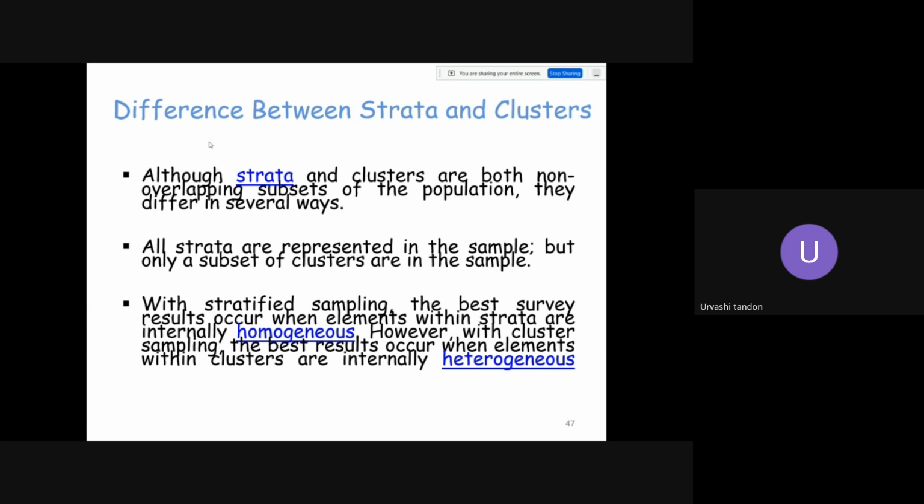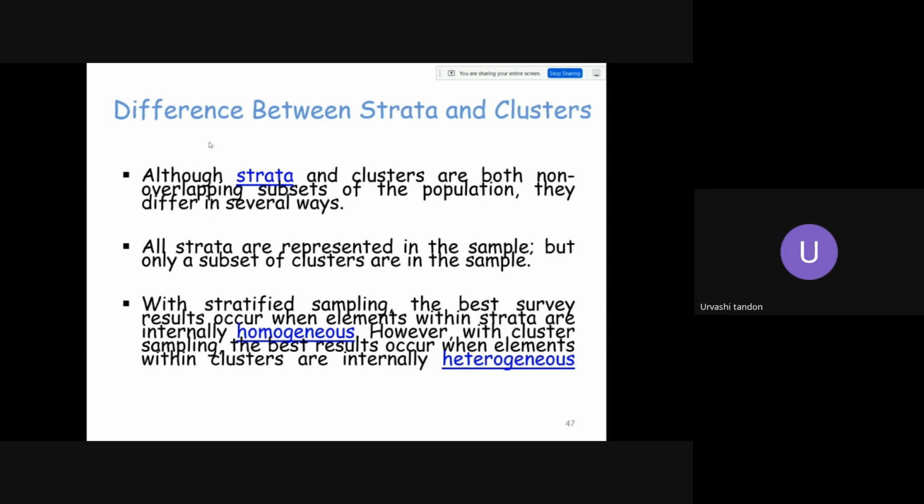Difference between the strata and clusters, I have already explained, but still I would like to read it for you. The strata and clusters are both non-overlapping subsets of the population, but they are different in various ways. Let's say all the strata are representing the sample, but only a subset of clusters are in the sample, right? So the important simple difference is that with stratified sampling, the elements within the strata are homogeneous.